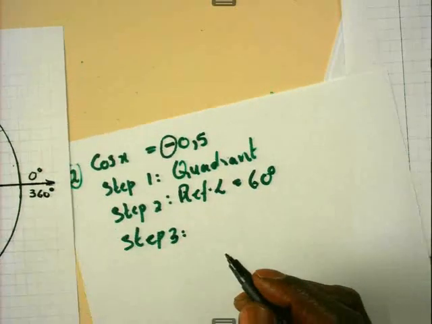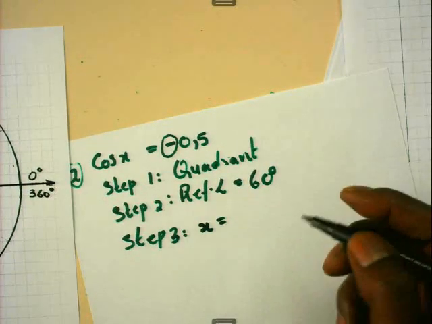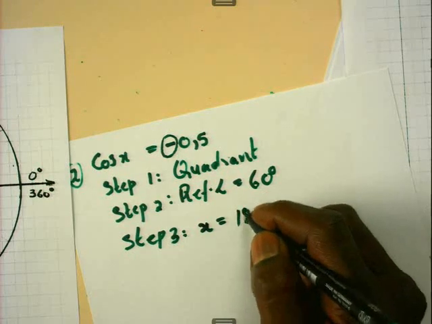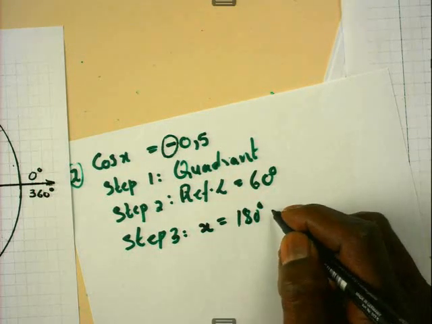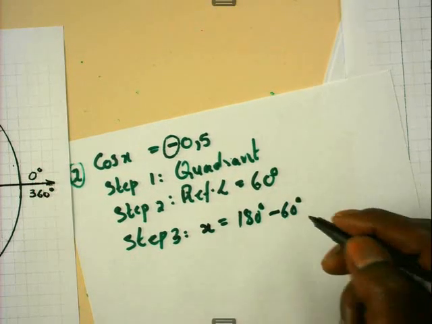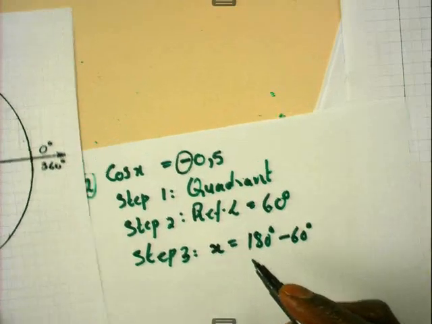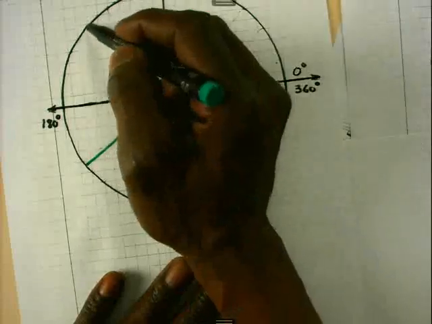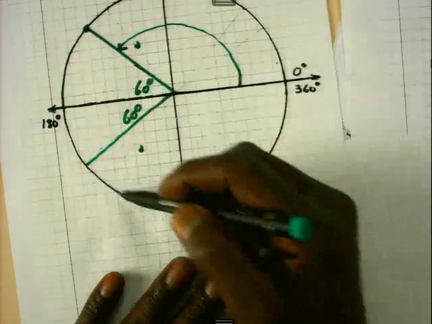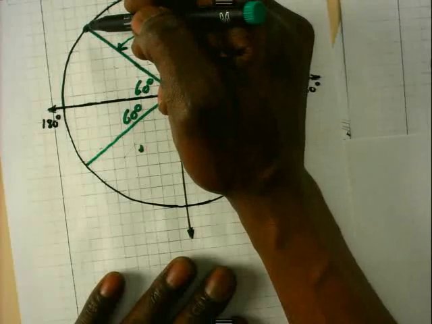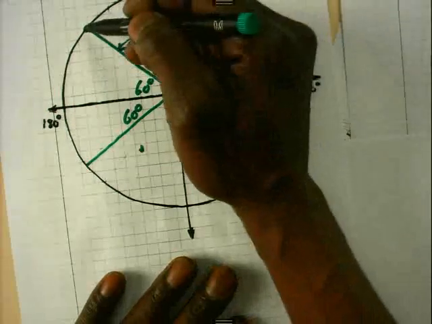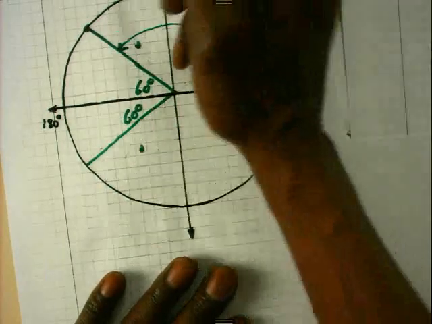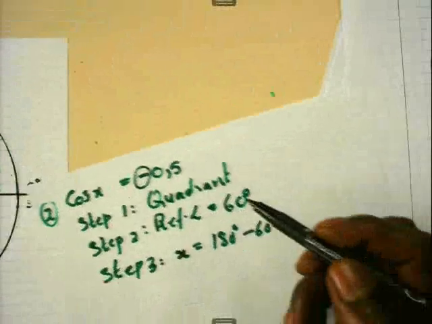So the first solution will be x is equal to 180 degrees minus 60 degrees. Now, you remember, before we can go anywhere, I can rotate 360 degrees, I can rotate another 360 degrees, any number of 360 degrees that I can rotate.